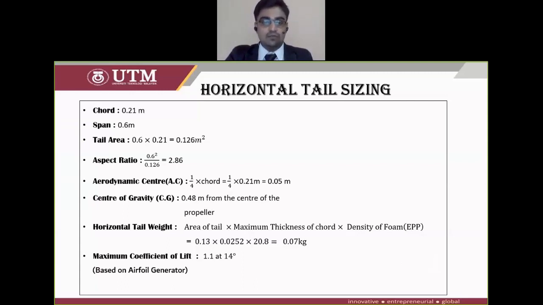The parameters involved in the horizontal tail sizing are chord, span, tail area, aspect ratio, aerodynamic center, center of gravity, horizontal tail weight, and maximum coefficient of lift.